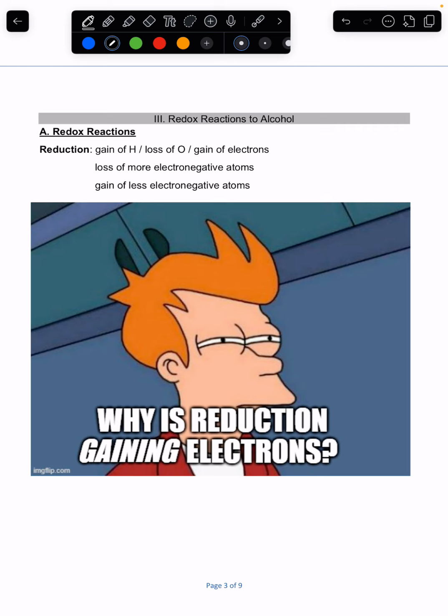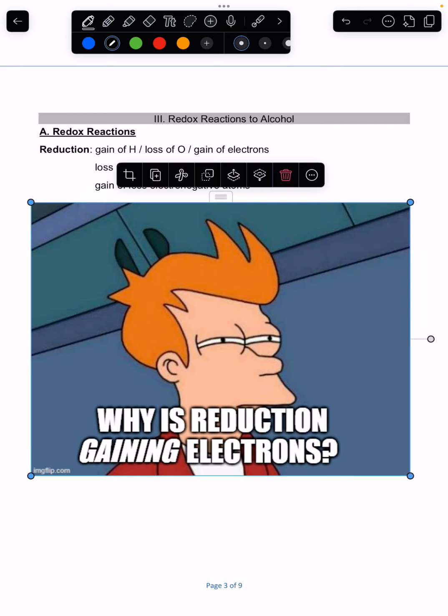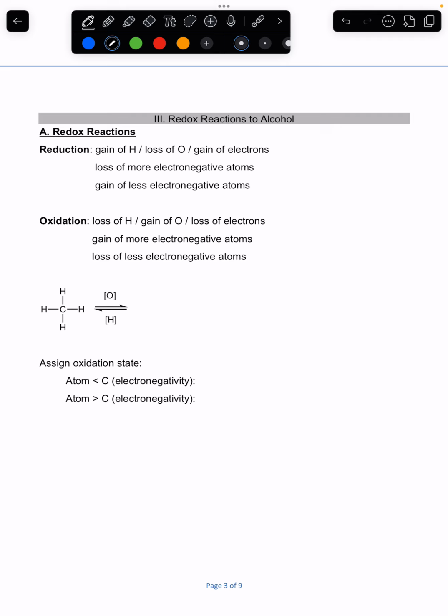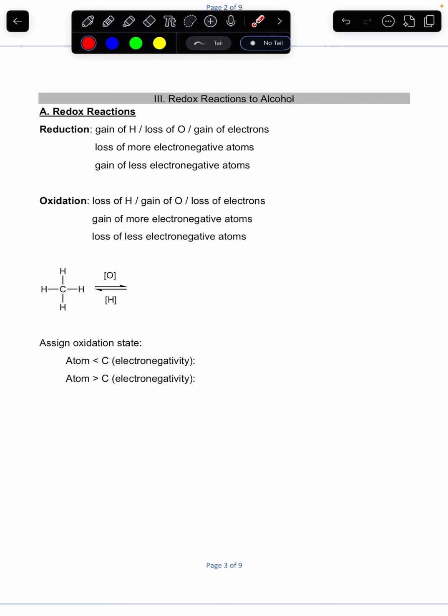We do need to review a little bit about redox. Hopefully you remember that well from Gen Chem. You might have been confused a bit because reduction means gaining of electrons. I don't know how reduction and oxidation were defined for you in your general chemistry classes, but reduction really is about gaining of electrons.